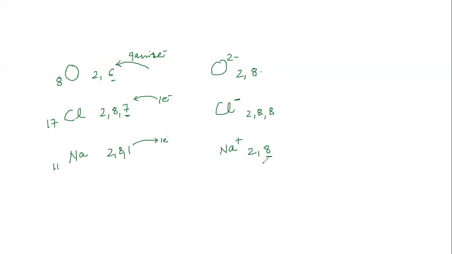So elements will react in order to become stable. And how do we know about their stability? We will simply look at their electronic configuration. We'll see how many shells it has.